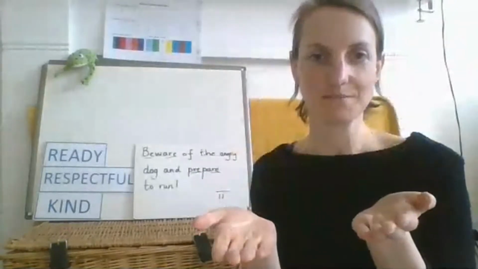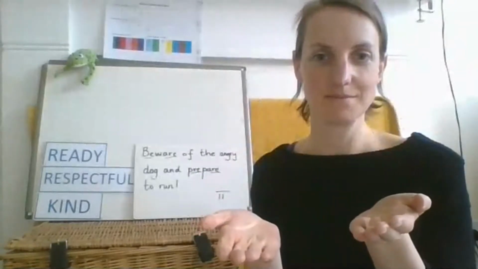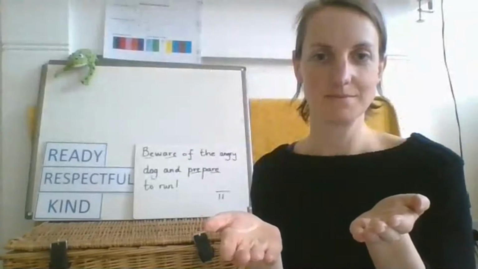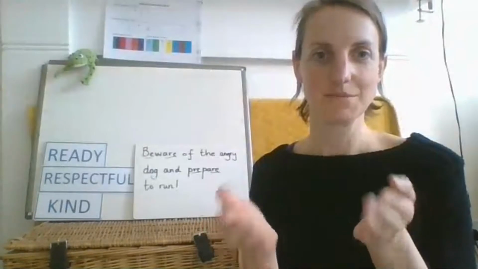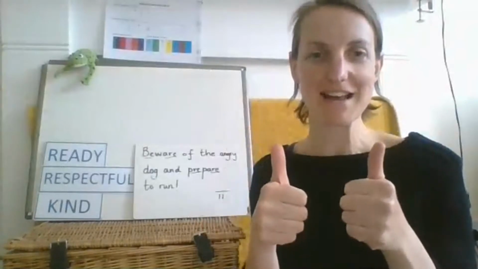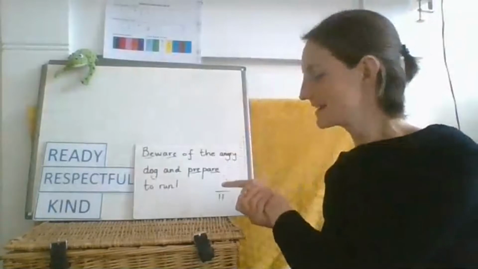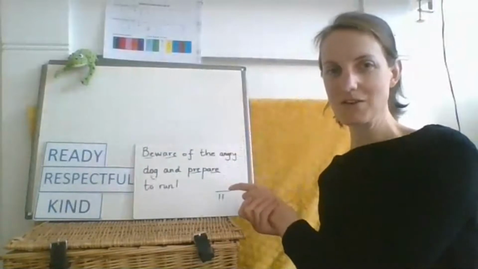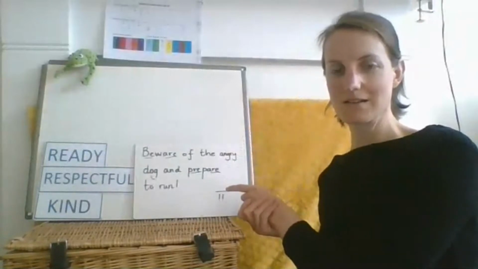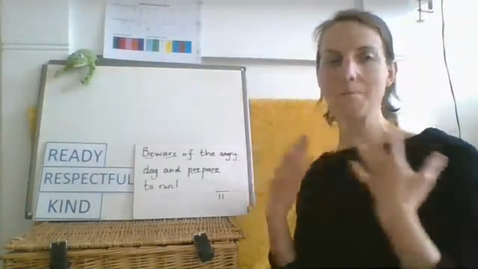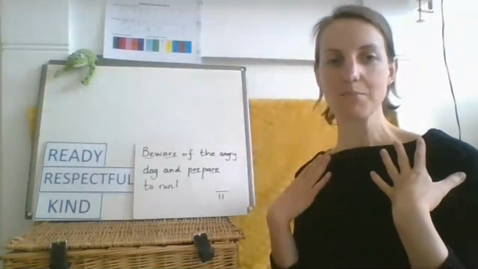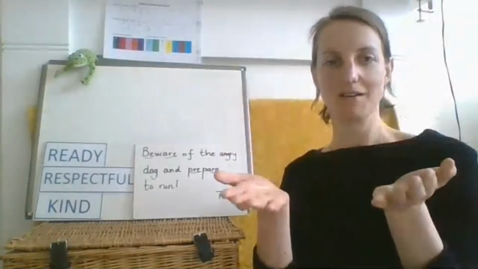Your turn. Good, you should have said that out loud now. Look one more time at this. Take a picture in your mind. Let's say it one more time. Beware of the angry dog and prepare to run.